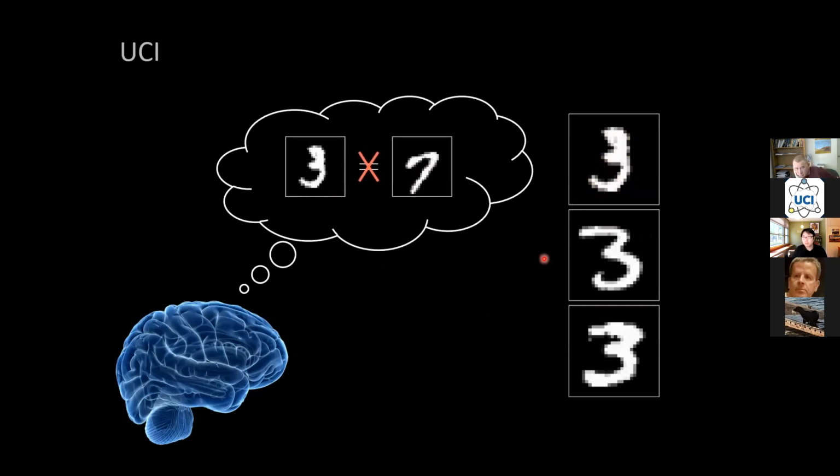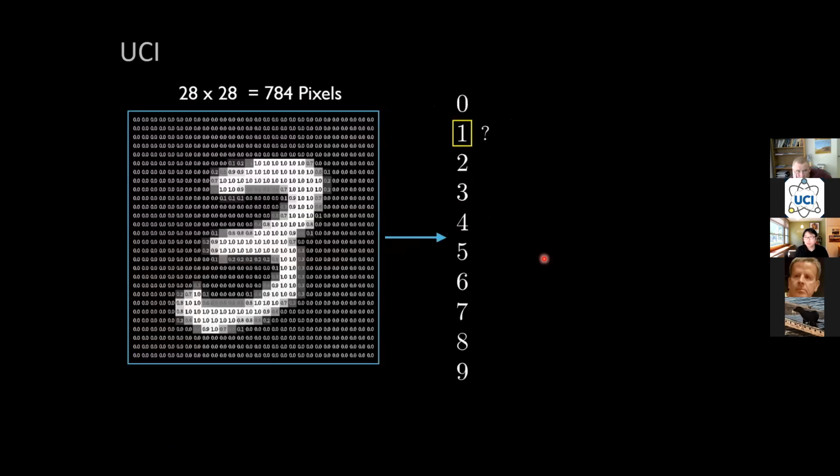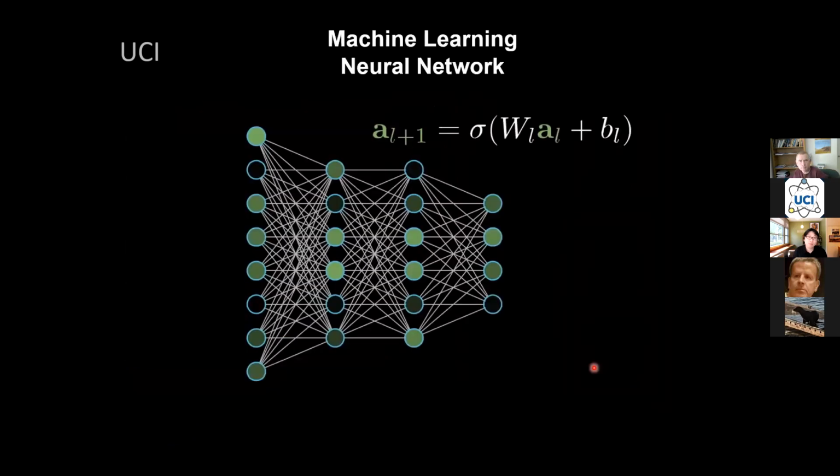So this is how our brain can recognize these images very fast, very accurately, and also precisely. And the thing is, if we can digitize this image at 28 by 28 pixels and put a grayscale intensity in it, how do we actually classify it such that it can tell us it is 0 to 9? Right, so that is basically what machine learning, and specifically here neural networks, can do.